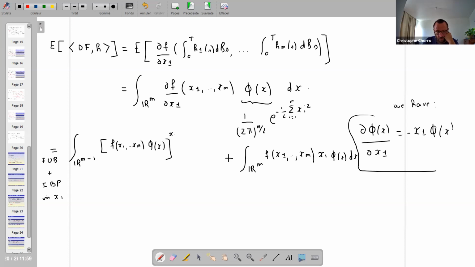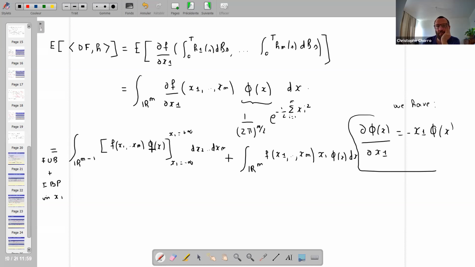For x1 equal to plus infinity and x1 equal to minus infinity, and I have here dx2 ... dxn. Okay, I use the classical integration by parts formula, but here what I remark is that I have a mapping with polynomial growth. Here I have phi that is a negative exponential.